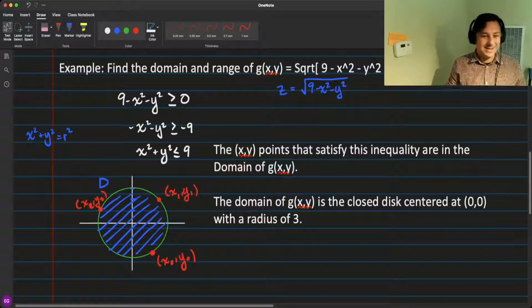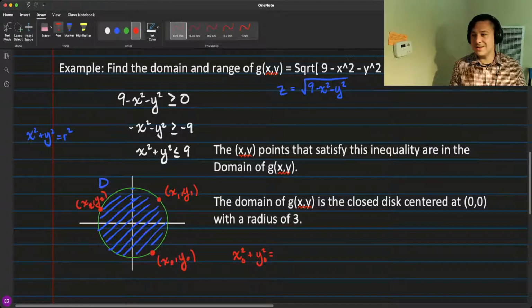Yes, exactly. We know that x naught squared plus y naught squared equals what? What is our r squared in this case? Which is 9. There we go.